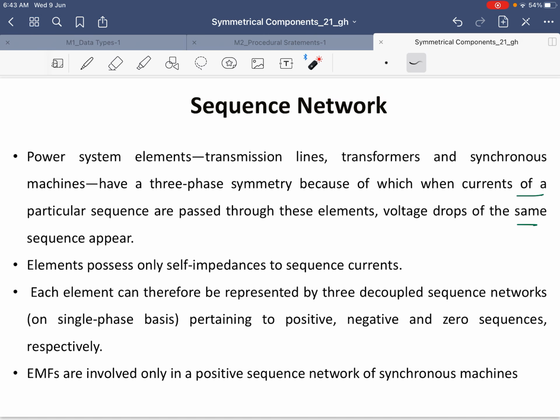Therefore, the synchronous machine in its positive sequence network involves the EMF only. In the negative sequence and zero sequence networks, we don't have any source. The source of voltage is represented only in the positive sequence diagram of a synchronous machine.